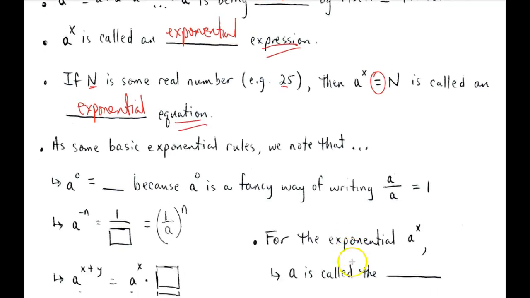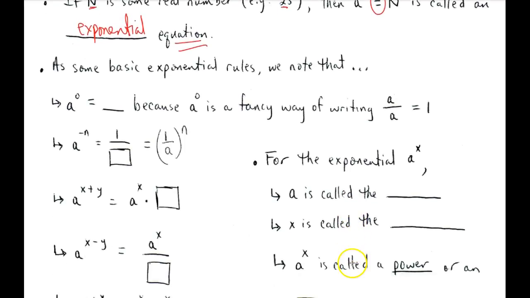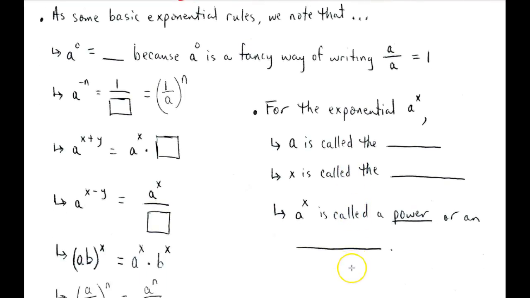So moving on here, some of the basic exponential rules that we will encounter will be the following. We know that anything raised to the 0 power is always equal to 1. We also know that anything raised to a negative power is the same thing as 1 divided by that same thing raised to a positive power.